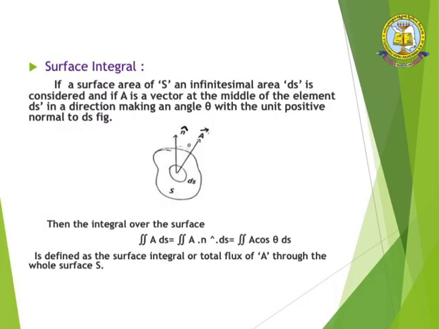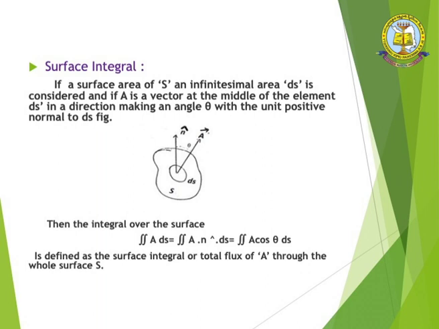Okay, A dot n cap is equal to A cos theta, where theta is the angle here. So the integral over the surface area of A dot ds is equal to the surface integral of A dot n cap ds.